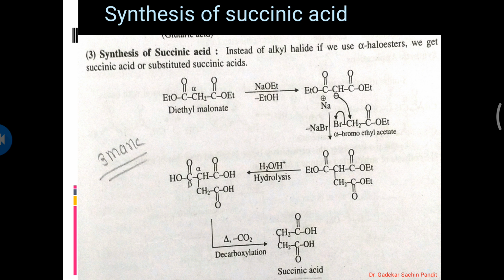Diethyl malonate reacts with sodium ethoxide to form its enolate, and this enolate reacts with alpha bromoethyl acetate to form a substituted ester. It is also similar to the Claisen ester condensation reaction. Okay, and hydrolysis forms an acid, and this acid on heating decomposes to form succinic acid. It's our target compound.